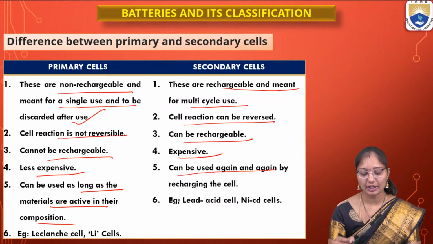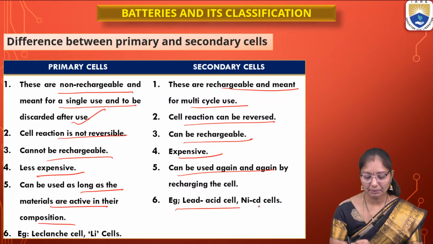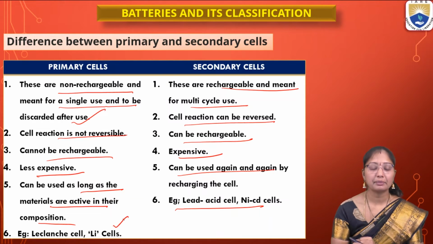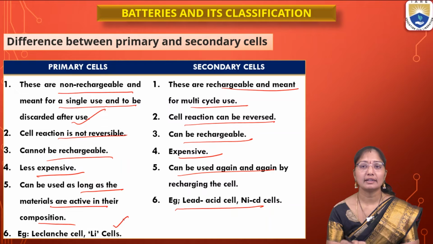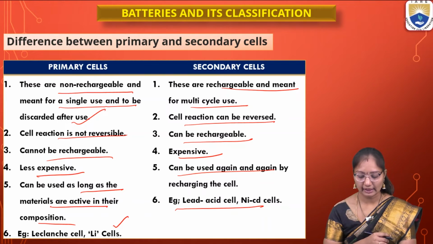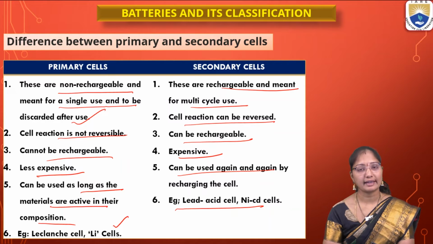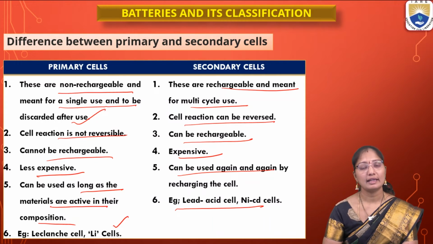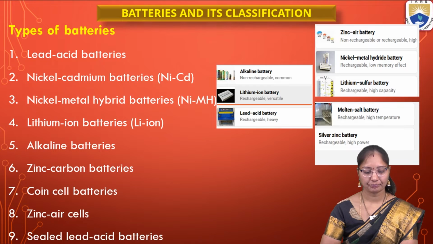Secondary cells can be used again and again by charging. Examples of primary cells are lithium cells and manganese cells. Examples of secondary cells are lead acid cells and nickel cadmium cells, which come under the category of secondary cells or secondary batteries.